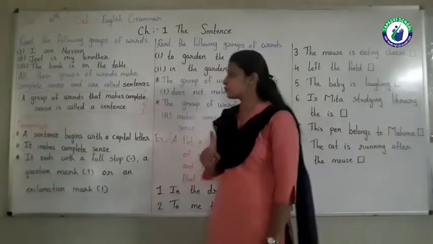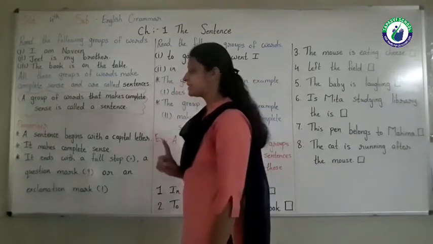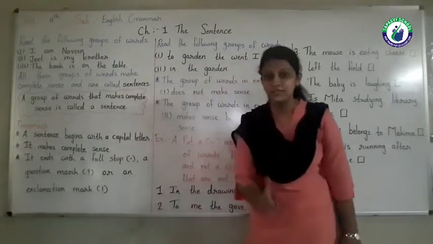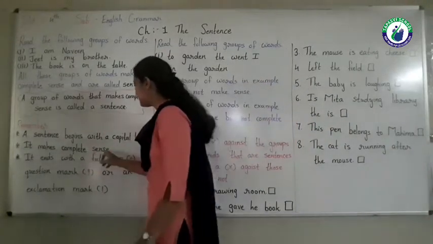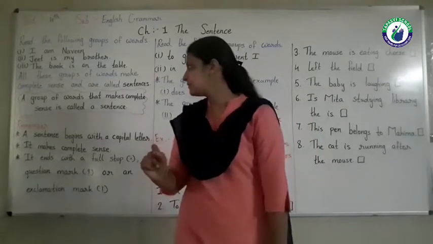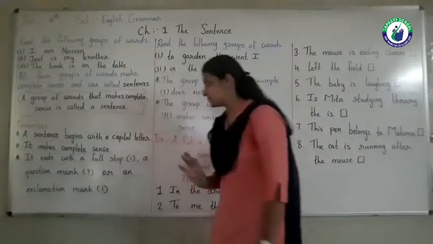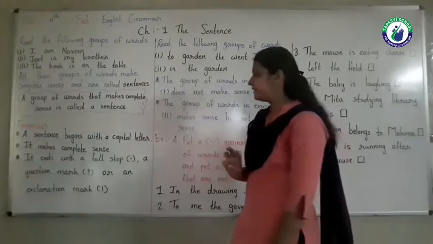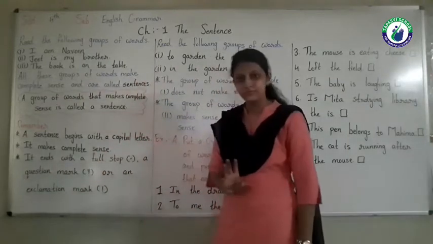If we want to make a sentence, you have to begin it with a capital letter. Now, the second point: it makes complete sense. You have to look at the sentence, and it makes complete sense. And now point number 3: it ends with a full stop.